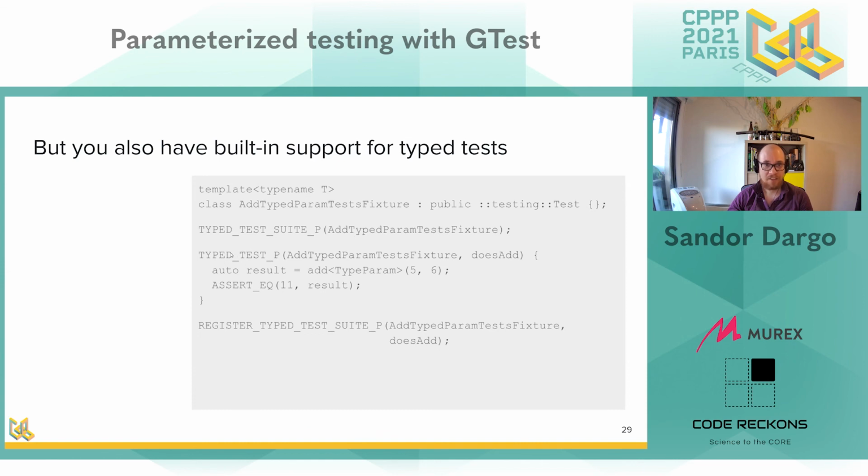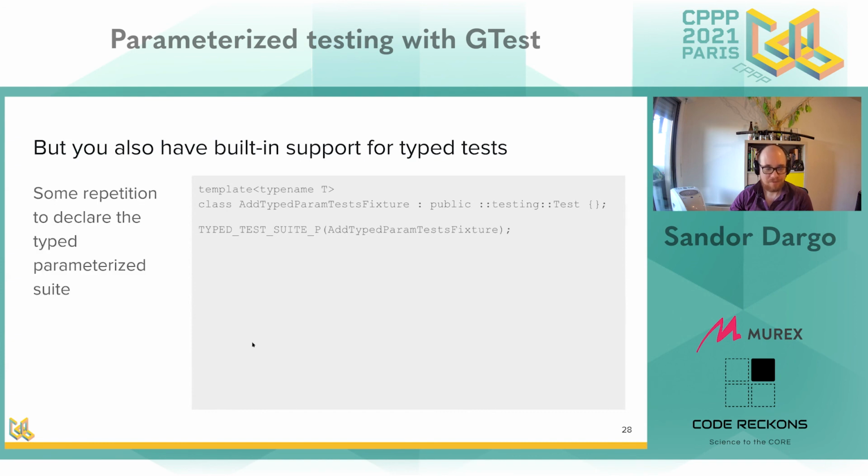Then we have to write our test case, this typed test _p, where we pass in this type parameter, and so basically the template argument for add, and we pass in some fixed values, and we also fix that we expect 11.